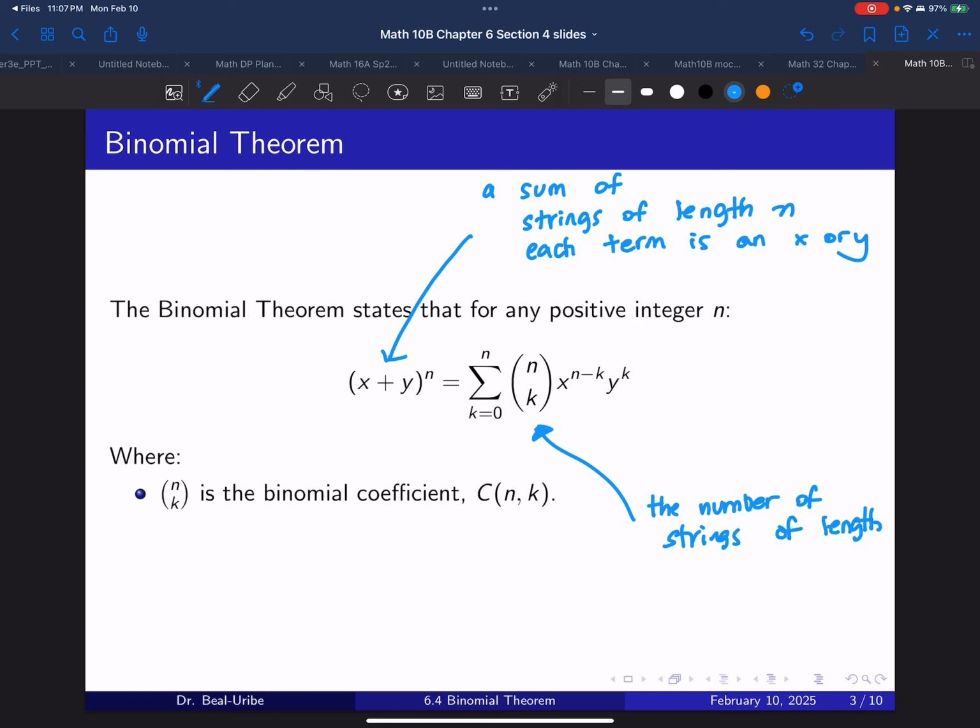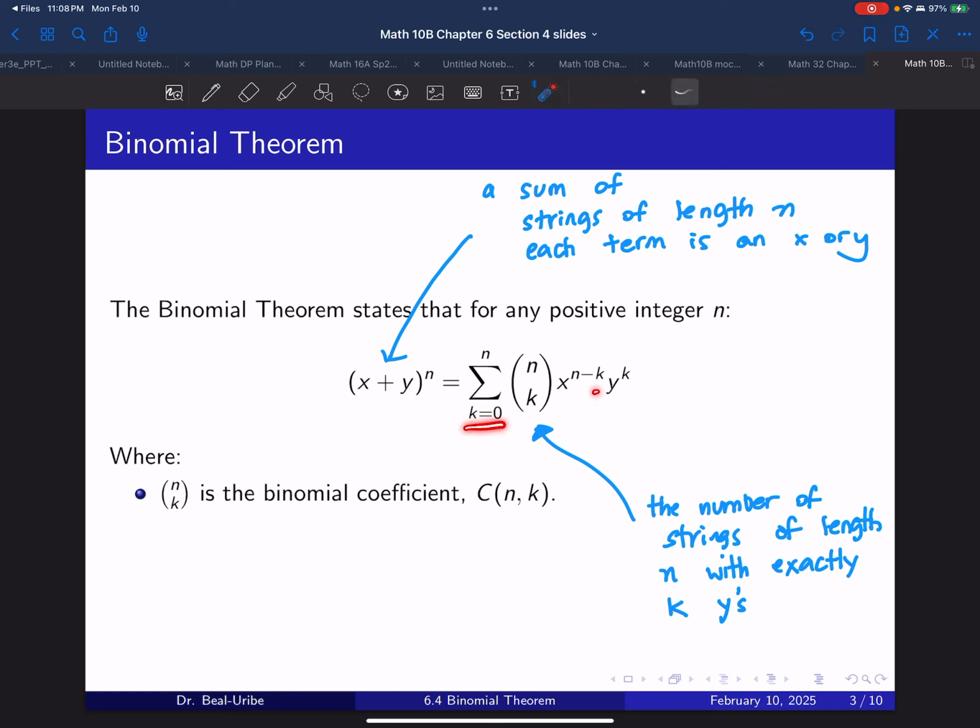Well, that's our n choose k. So the number of strings of length n with exactly k y's, right?